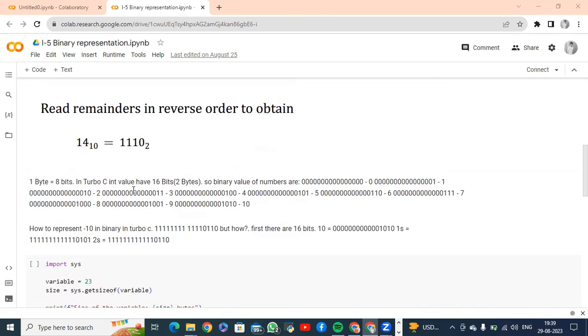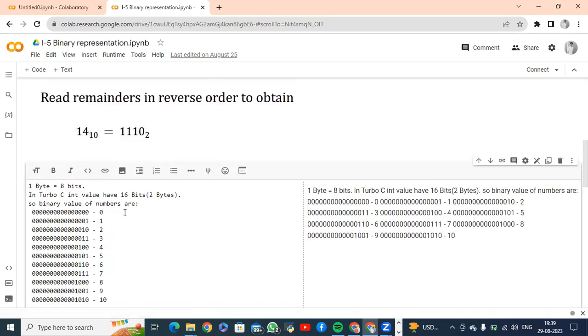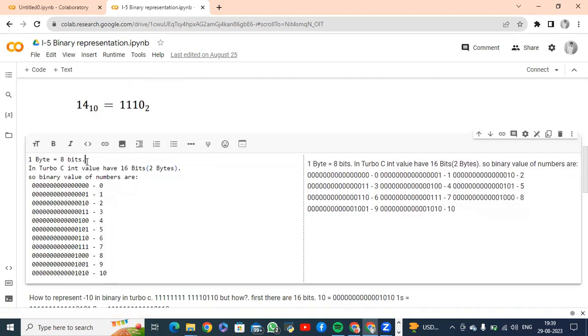Now, see here, 1 byte is equal to 8 bits. What is meant by bits? A bit is a memory which can have either 0 or 1.